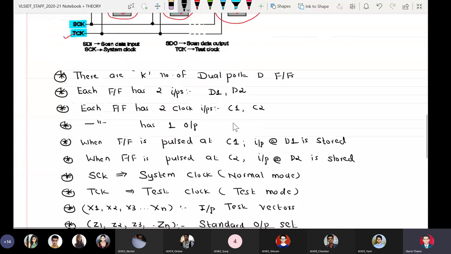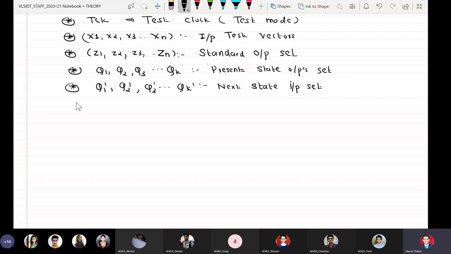So what is the function of combination logic? Combination logic has the following functions.